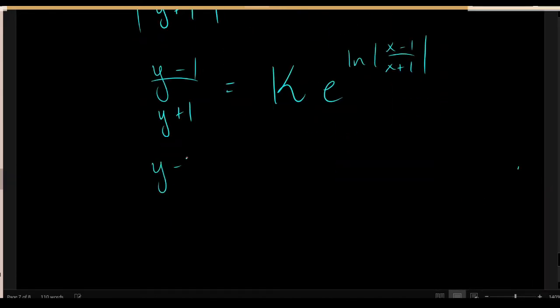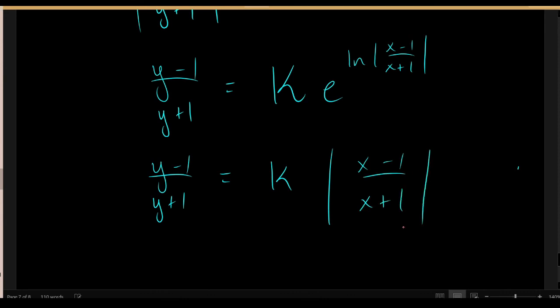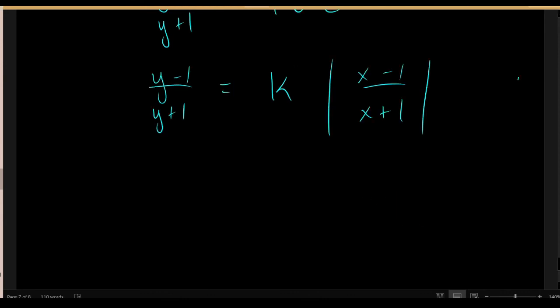So I get the absolute value of y minus 1 over y plus 1 is equal to k times the absolute value of x minus 1 over x plus 1. Now, again, the absolute value really only has the effect of adding a plus minus sign to the equation, but that plus minus can be rolled into k. So this becomes y minus 1 over y plus 1 equals k times x minus 1 over x plus 1.